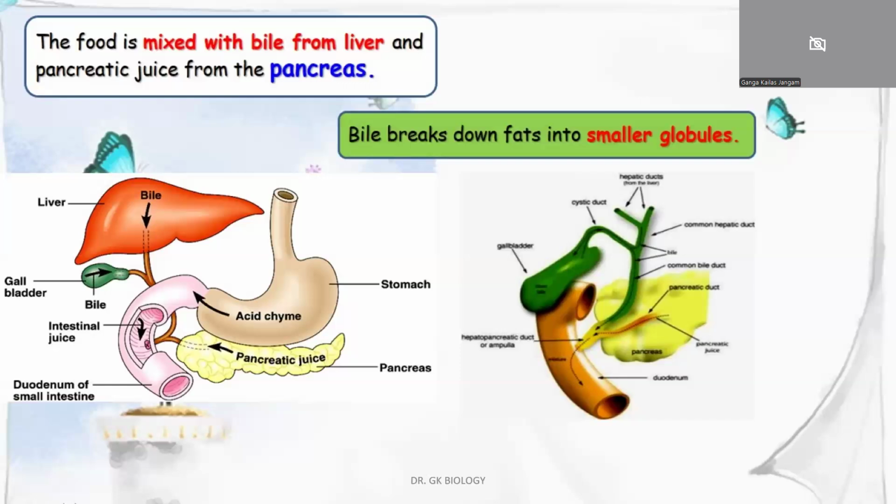Later, on the smaller globules, other digestive enzymes released by the digestive glands act, like lipase, which acts on the smaller fat globules and converts them into fatty acids.